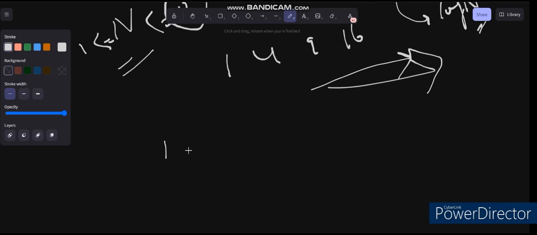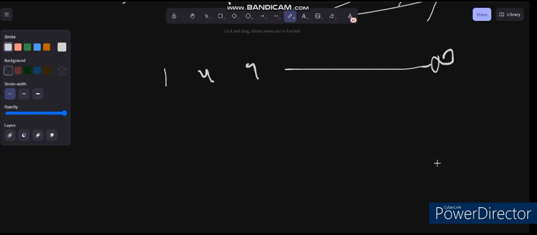Here it's given that the energy array goes on to infinity. If we apply binary search, we take low here and high here, but high cannot be taken as infinity.